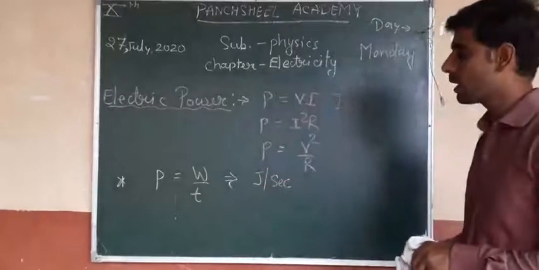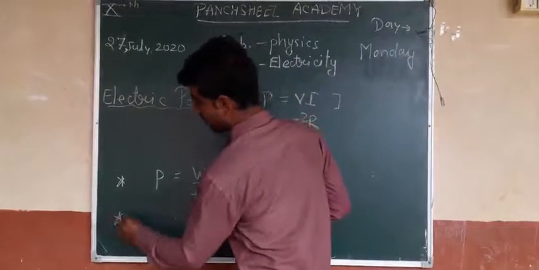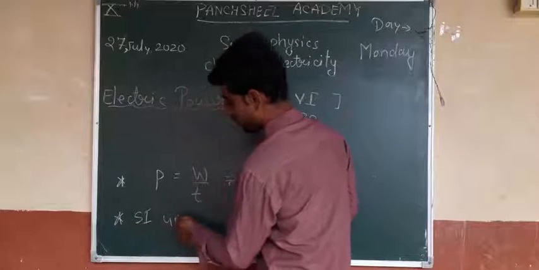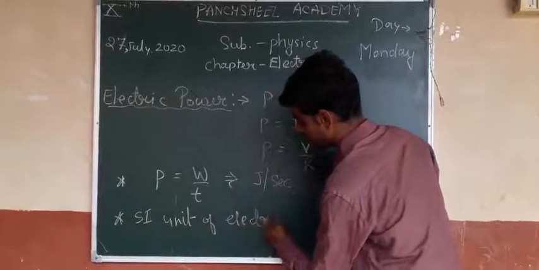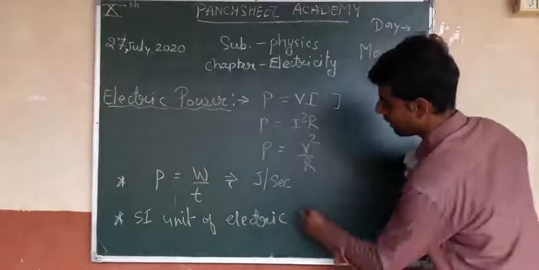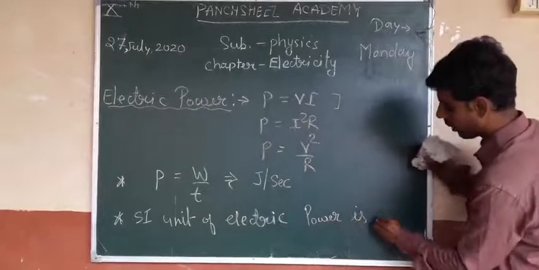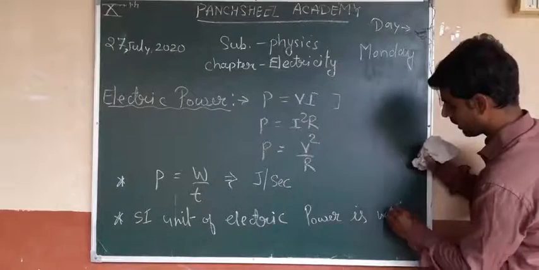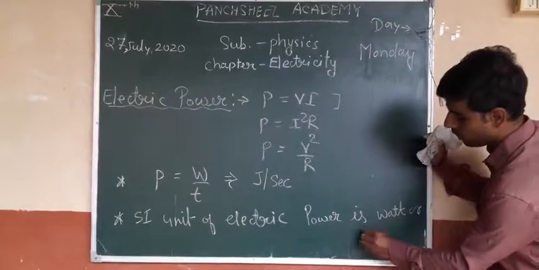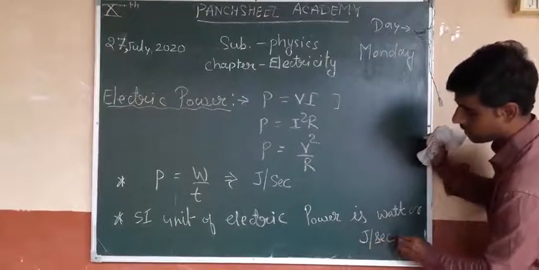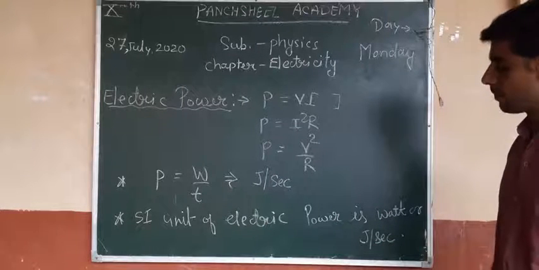So one important thing is that the SI unit of electric power is watt, W-A-T-T watt, or joule per second. Okay, SI unit of electric power is joule per second.